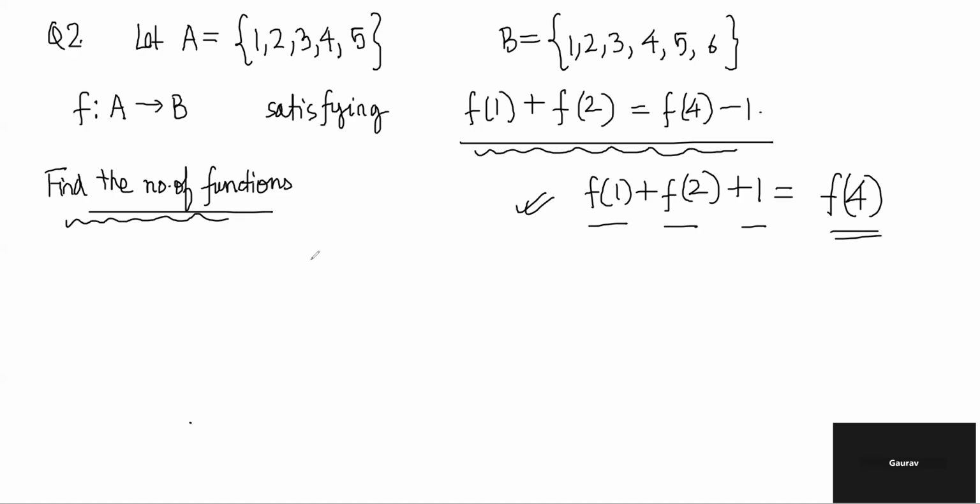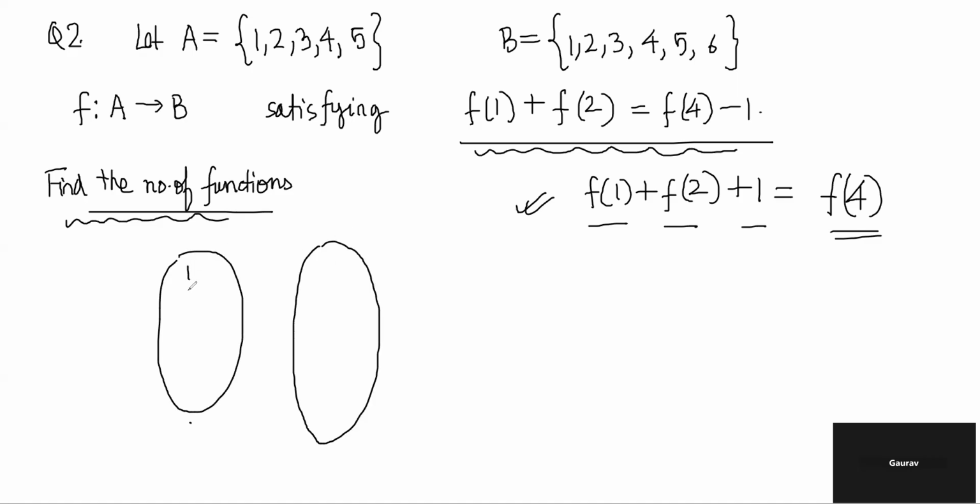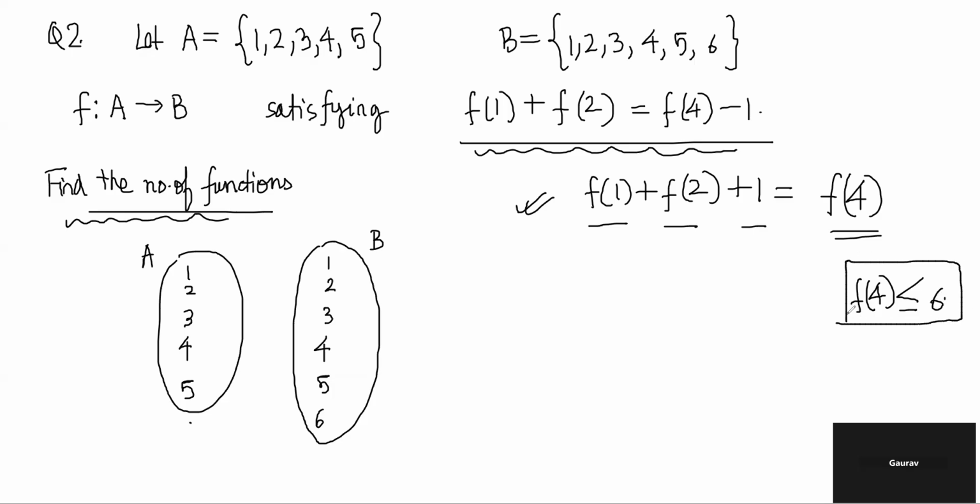Now, looking at the two sets, what is the maximum value of f(4)? 6. Right. So we know already that f(4) is less than or equal to 6, no? Yes.